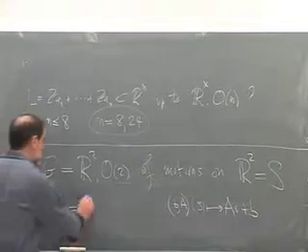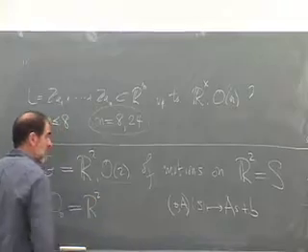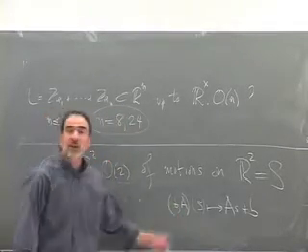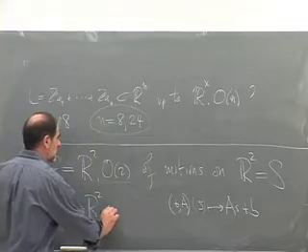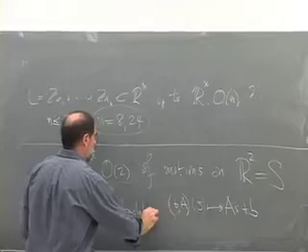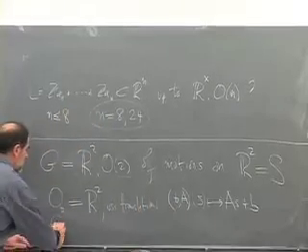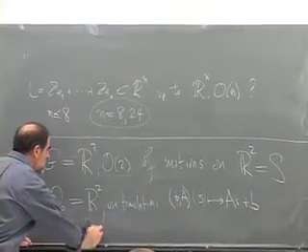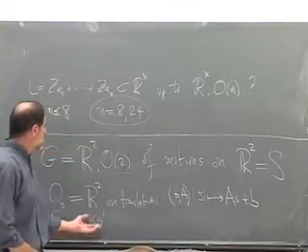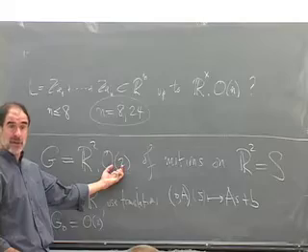The orbit of 0 here is R2. Because if I want to get 0 to B, I just use translation by B. And what's the stabilizer of 0? That's the group O2. Those are the linear transformations that fix 0, because no translation fixes it, but everything in here fixes it.